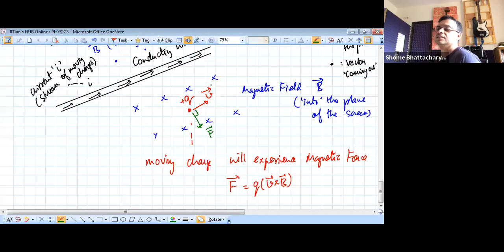Because V is pointing like this and B is into the plane. So, sorry, it will be opposite. Point your thumb along V and your fingers going into the plane. So you can see that V cross B will point like this. So it will experience a sort of attractive force towards the current.